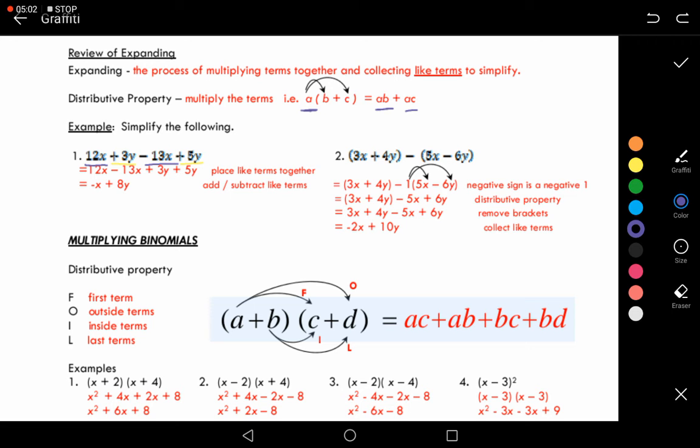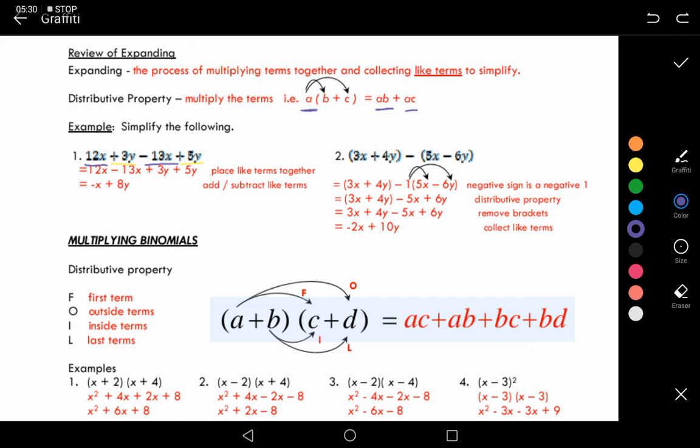plus 5y. The next thing we need to do is simply add or subtract those coefficients. Remember, the coefficient is the number out front of the variable. My coefficient of 12x is 12. My coefficient of 3y is 3. So here I'm doing 12 minus 13, which gives me negative 1x.